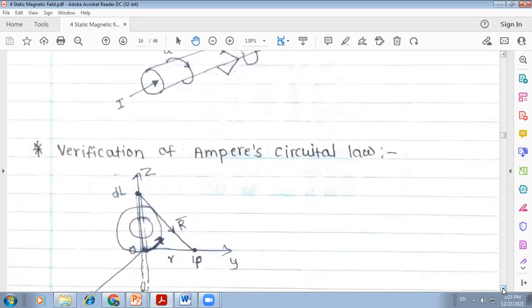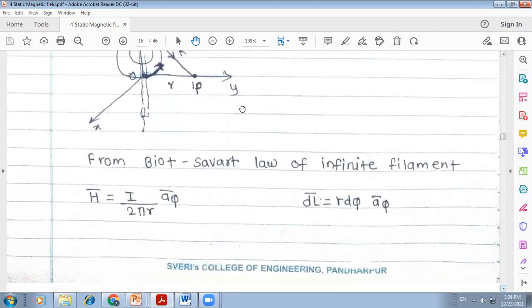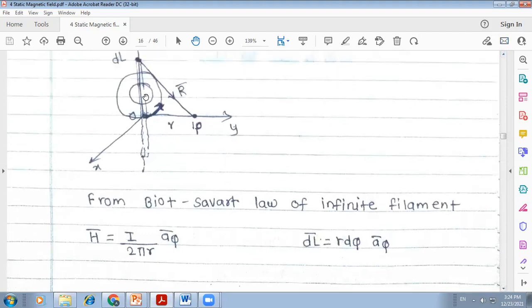So dl bar is equal to r into d phi a bar phi. Now how it is? Because here we are considering the closed path, right? Now we are considering one closed path. So what is given? This magnetic field intensity over a closed path.